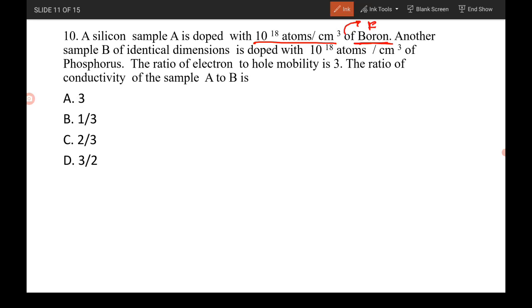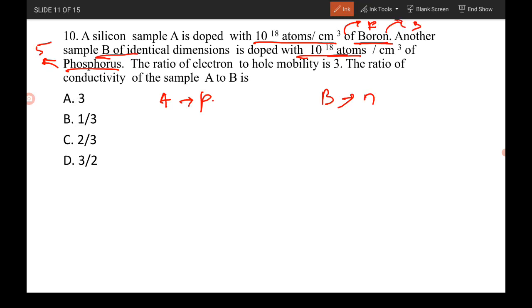So A is a p-type semiconductor. Another sample B of identical dimension is doped with 10 to the power 18 atoms per centimeter cube of phosphorus. Phosphorus has 5 valence electrons, boron has 3. So 5 means B is an n-type semiconductor.